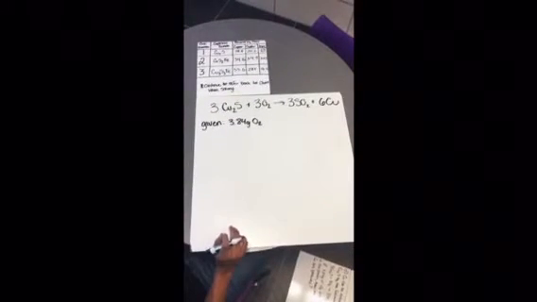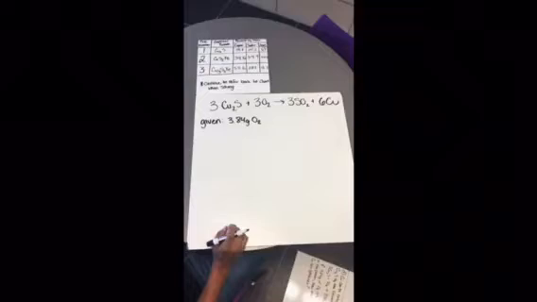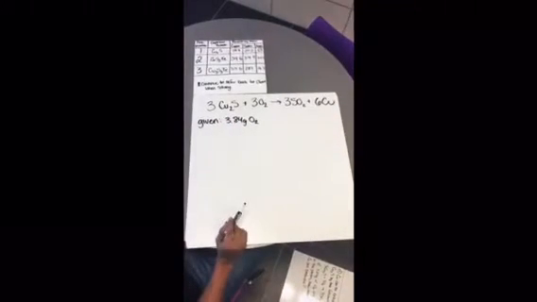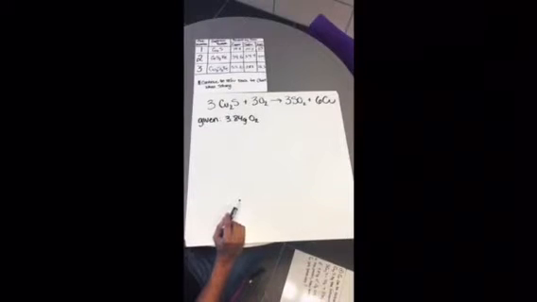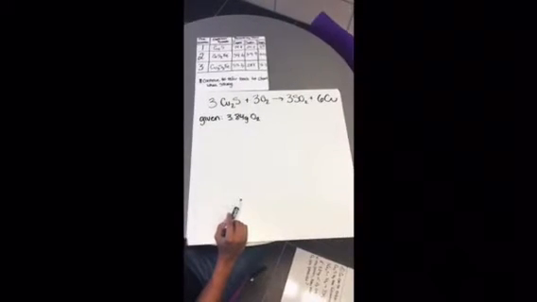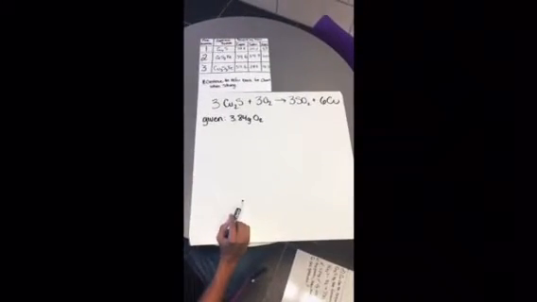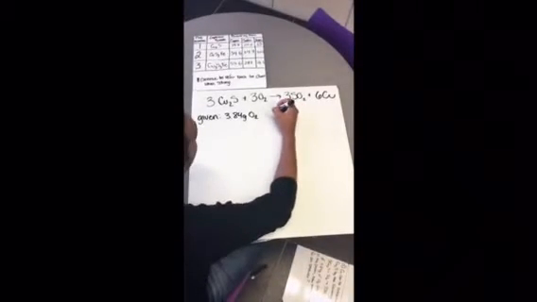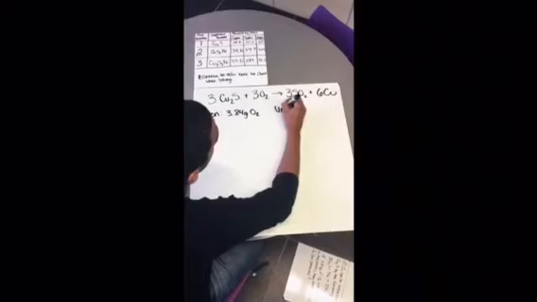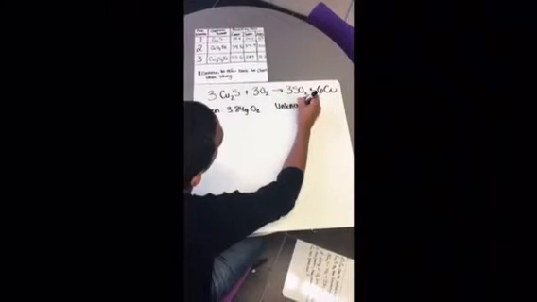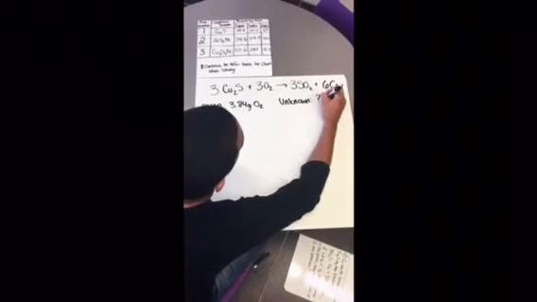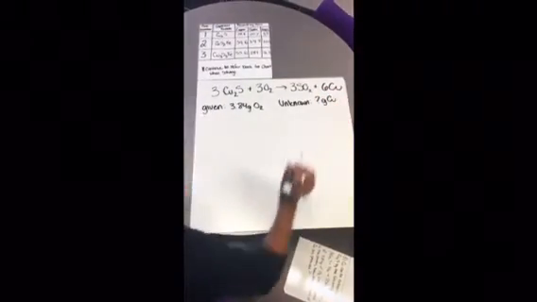All right, so for the last problem of the day, we have Cu can be extracted from Cu2S by the following equation. So, if 3.84 grams of O2 are consumed in the process, how many grams of Cu are produced? So our given is 3.84 grams of O2, and our unknown is how many grams of Cu are produced. So we want to find the grams of Cu.